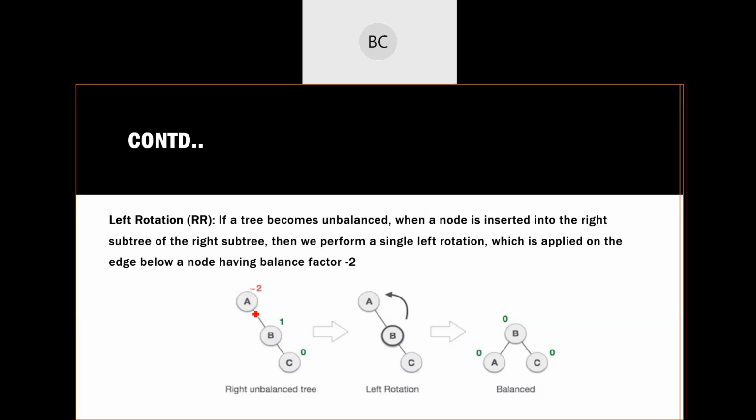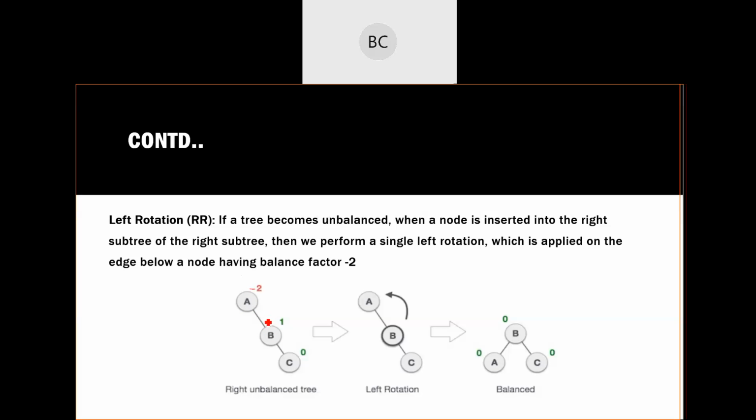Okay, so balance factor here is -2 because on the left hand side there is nothing, no subtree, that means 0. On the right hand side there are two nodes, so 0 minus 2 is -2. So at this level it's -2 when there is an imbalance.